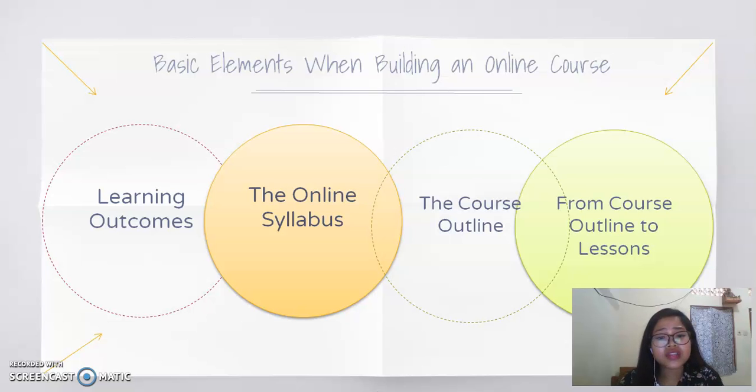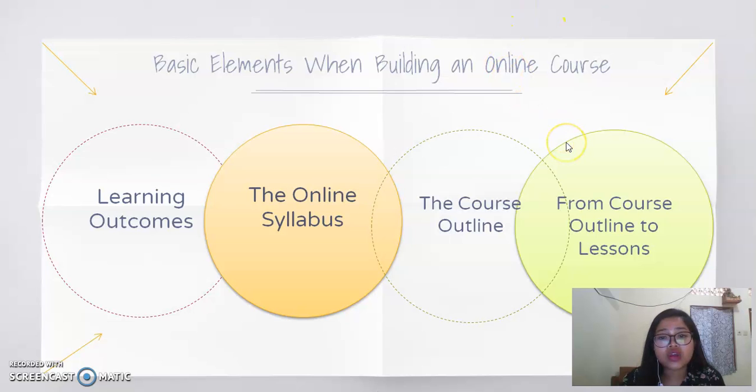By getting the result of the learning, students will know the ability and mastery of the knowledge that they get during the online course. And then, the online syllabus. An online syllabus contains many of the same elements as an on-site syllabus. The basic categories include course title, course name, course description, course objective, evaluation plan, grading, required readings, recommended readings, and course outline.